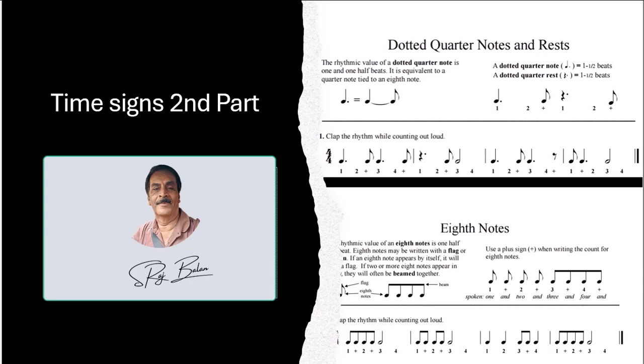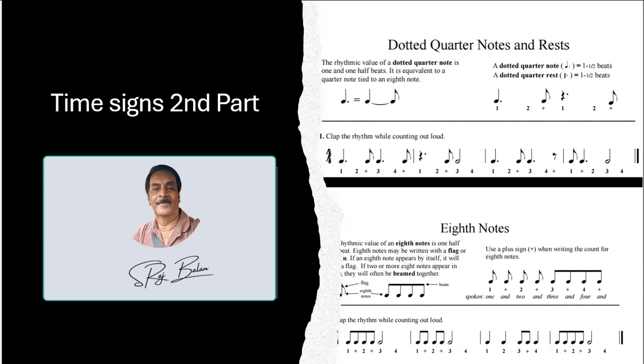At a stretch, if I play the complete rhythm of 4/4, I will play 1 and 2 and 3 and 4 and 1 and 2 and 3 and 4 and 1 and 2 and 3 and 4 and 1 and 2 and 3 and 4 and.